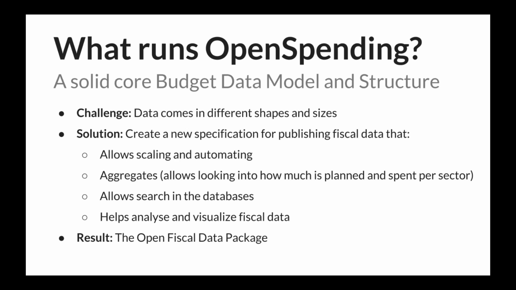In the new Open Spending, we wanted to be more inclusive, and we understood that there are as many different formats to put fiscal data as there are countries in the world, because everyone has their own peculiarities.